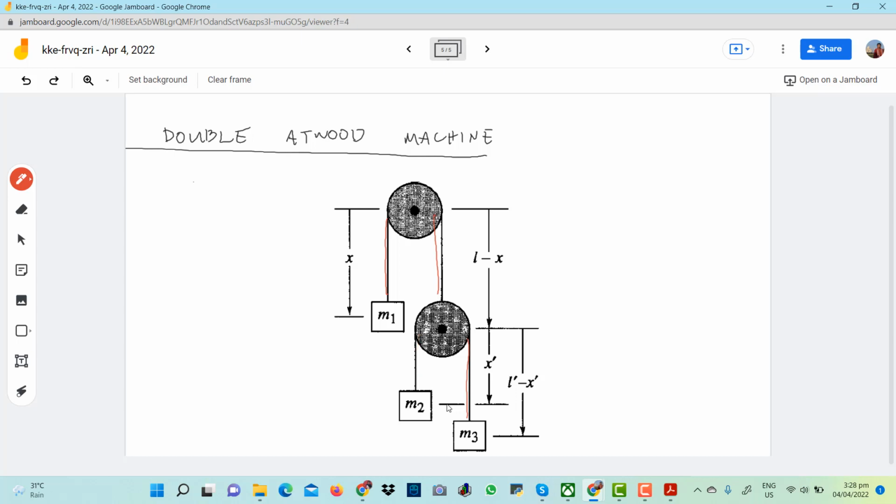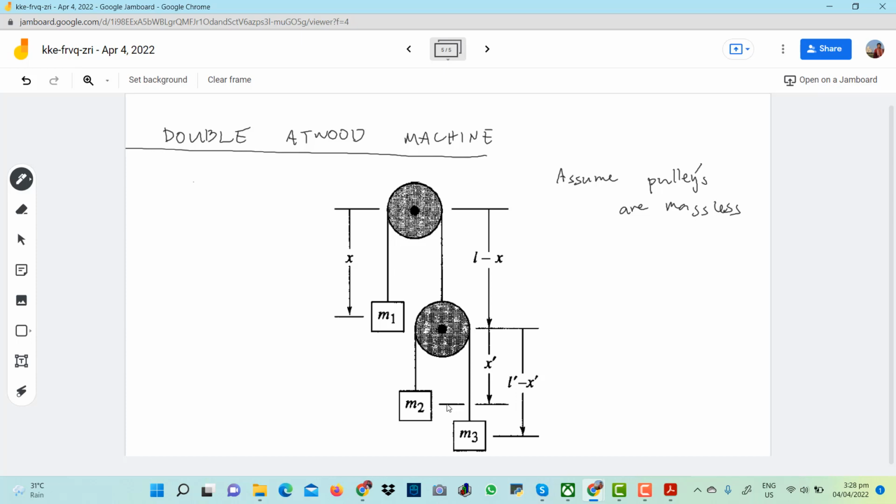And then we assume, in this example, that pulleys are massless. In your exam, maybe it will not be massless, so please prepare.